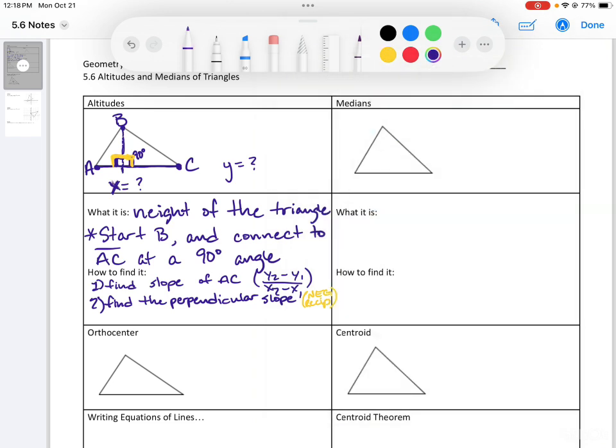And then our final step is, once you have those two things, start at point B, and use your new slope to connect to AC.